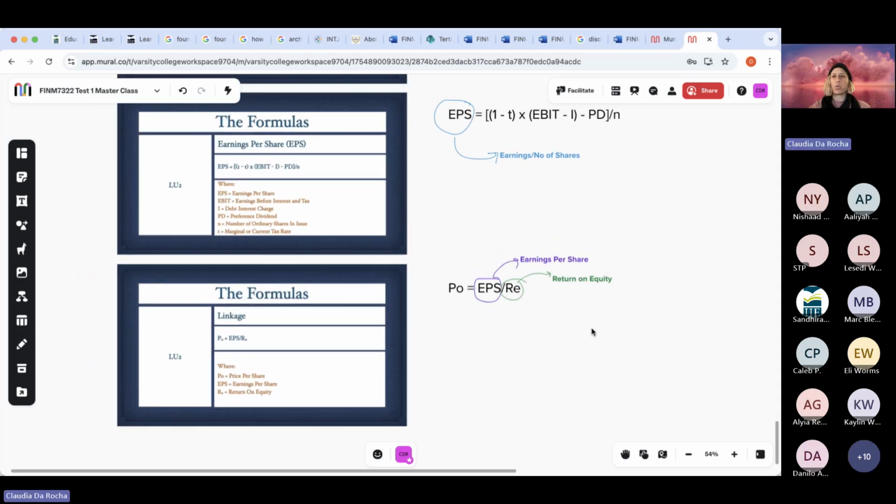Right. And those are all the formulas. Any questions before I move on to the graphs that we need to just go through and some past paper questions?